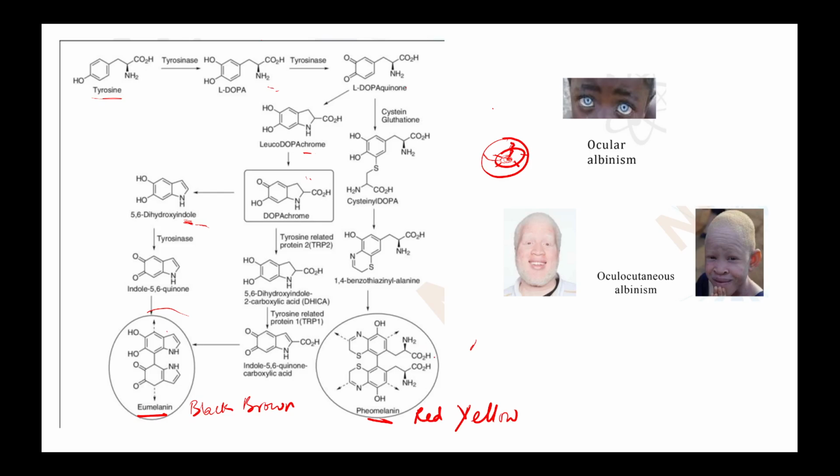And if melanin is not synthesized in the body properly, like in case of albinism, they are very much prone to skin cancer. Okay, melanoma. So the lack of melanin in eyes can lead to ocular albinism. Lack of melanin in the skin as well as the eye can lead to oculocutaneous albinism. So there are two types of conditions: ocular albinism and oculocutaneous albinism.